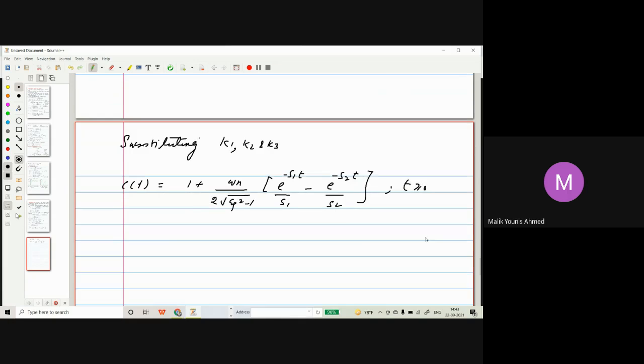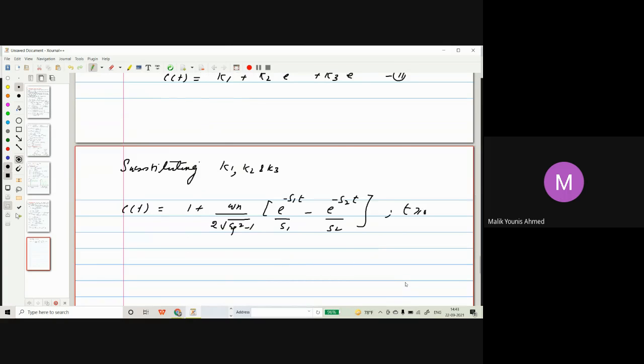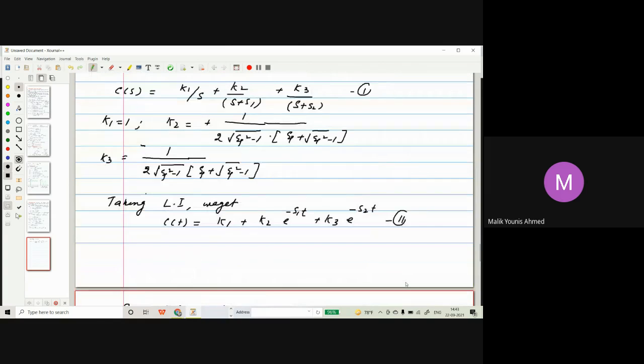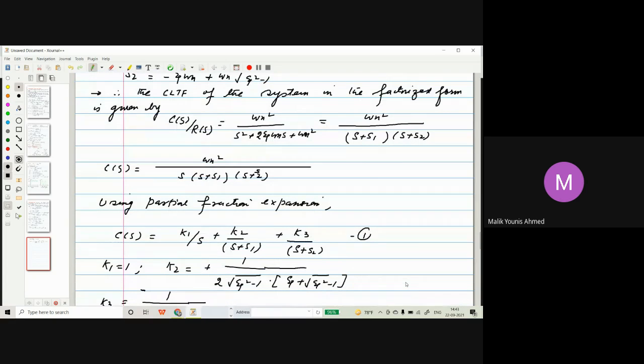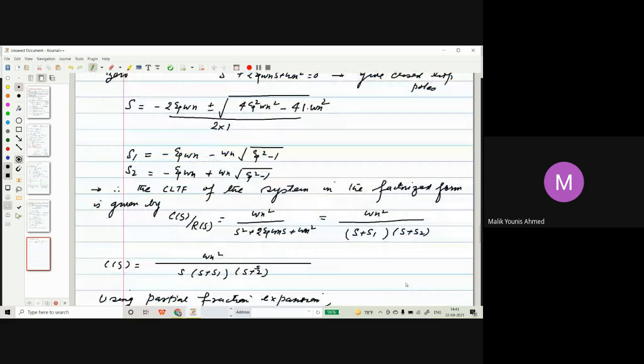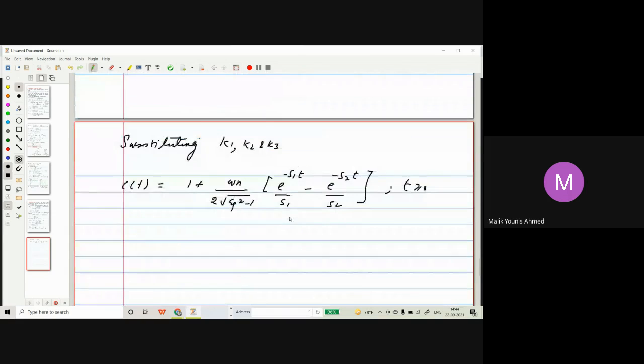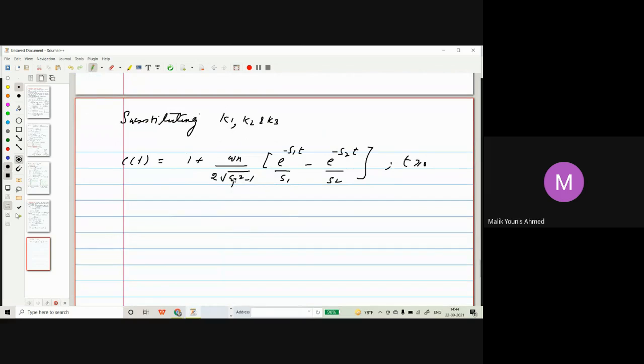Now, what will the overdamped response be? S1 is this, so you can substitute this value here.